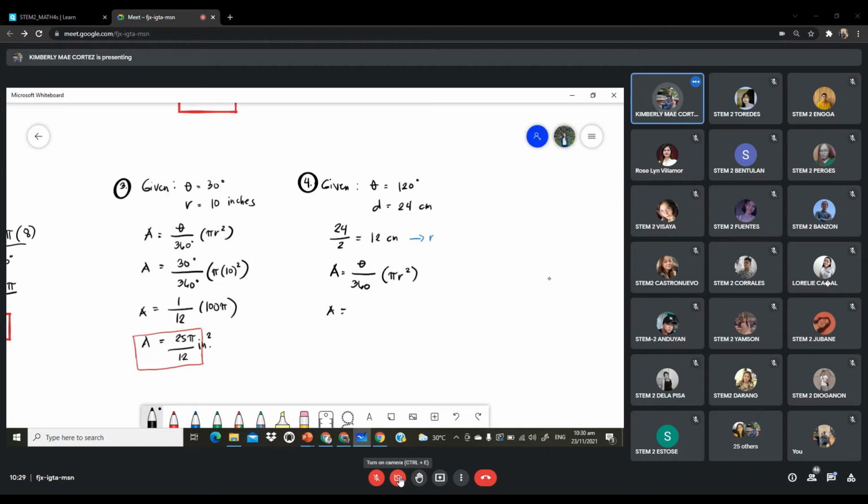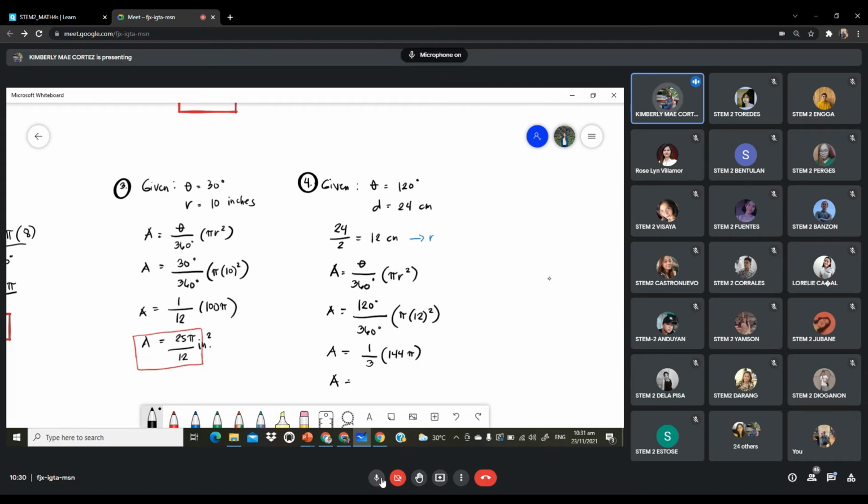Our central angle is 120 degrees over 360 degrees times pi, and our radius is 12, squared. 120 over 360 is 1 over 3, times 12 squared, which is 144.